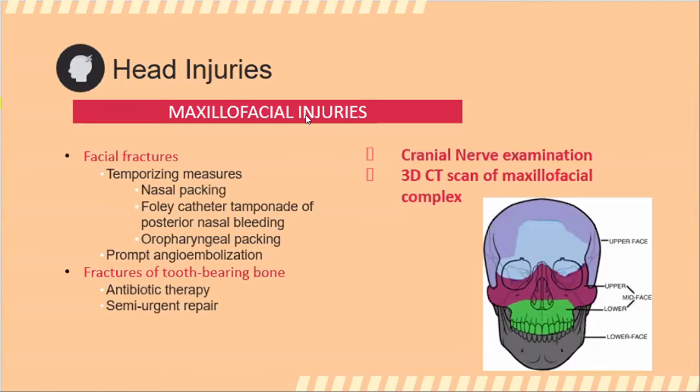You must also do your cranial nerve examination, most especially if the mastoid area or the lateral part of your face is affected, because that's where your facial nerve is, and if the mastoid bone is in fact affected, most likely may facial nerve injury ka. Your face is divided into your upper face, mid face, and lower face.